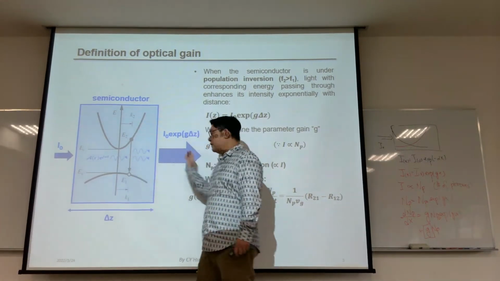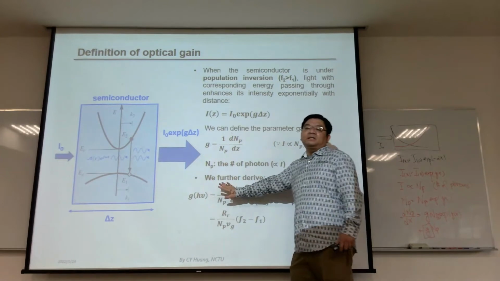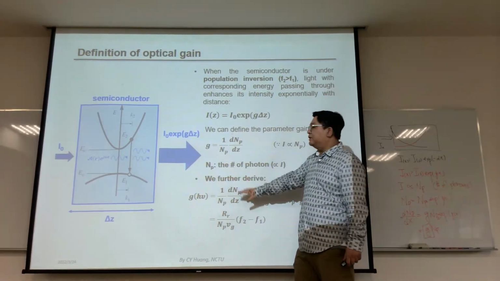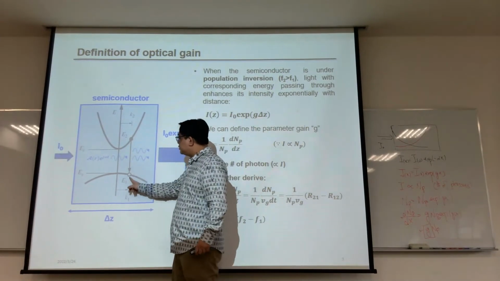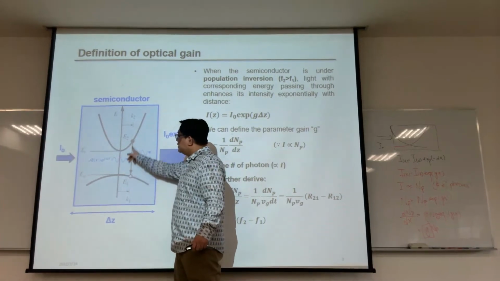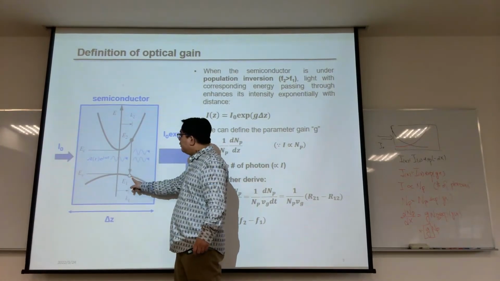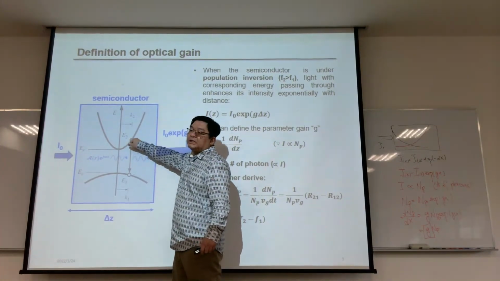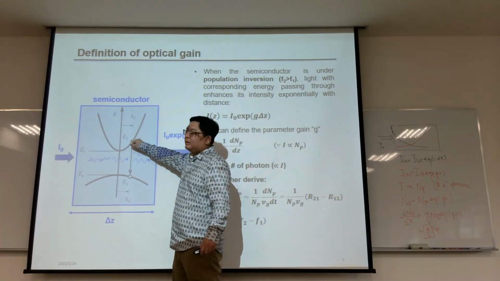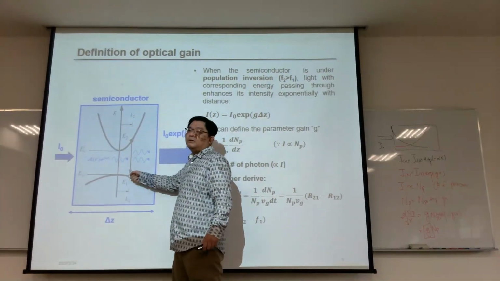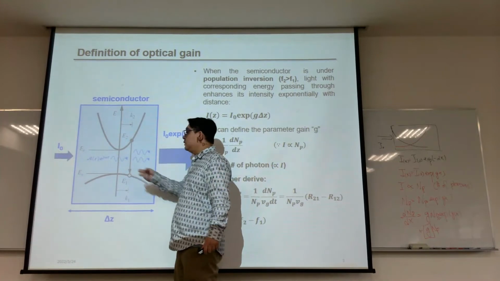But if the incoming light has a higher energy, for example, matching the transition from this position to that position, then it will be the F2 of the energy at a higher level in the conduction band, and the F1 of the probability at the lower level.